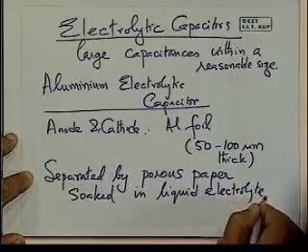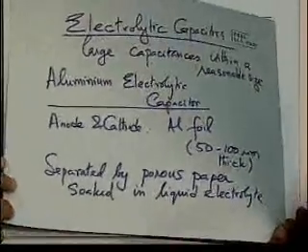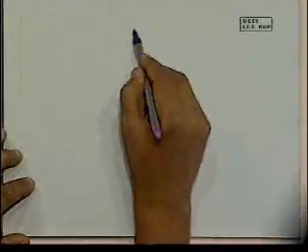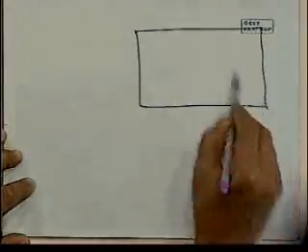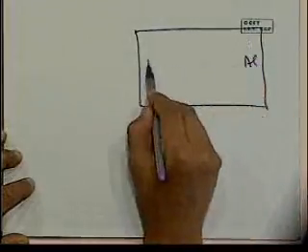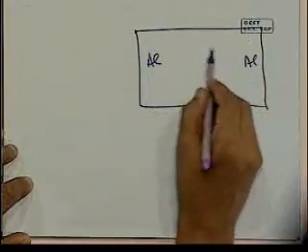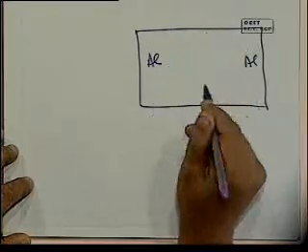Liquid electrolyte. Okay. So the structure will look something like this. We've got on both sides the aluminum, two foils, and they're going to be separated in the middle by a paper, porous paper that is soaked in liquid electrolyte.